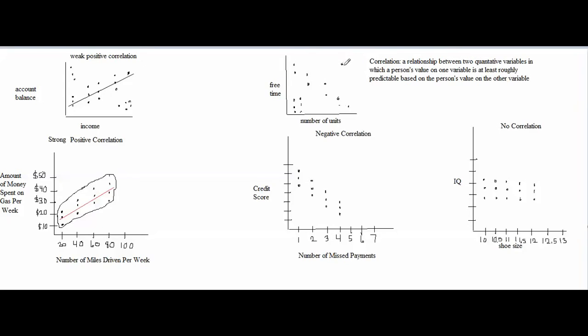So we're going to have a lot of people in these corner areas probably, which means we'll probably have a lot of people who are far away from this line.